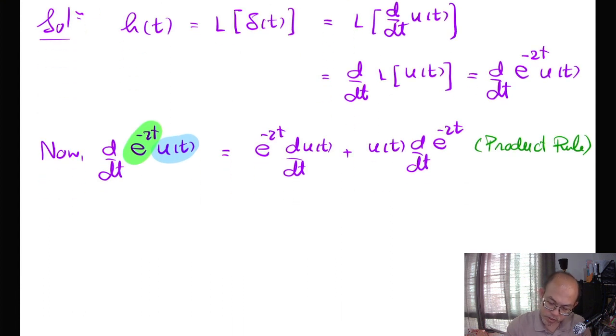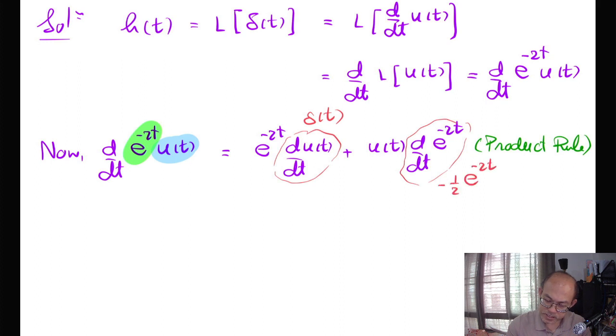Now, what do we know about du by dt? This is delta. And this is minus 1/2 e to the minus 2t.